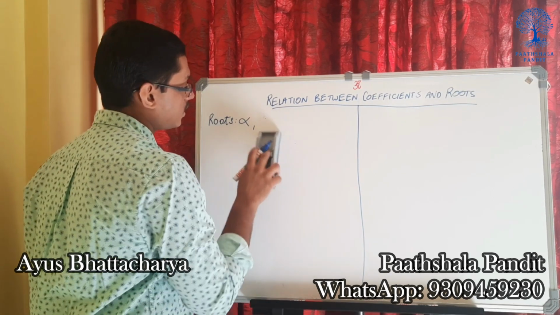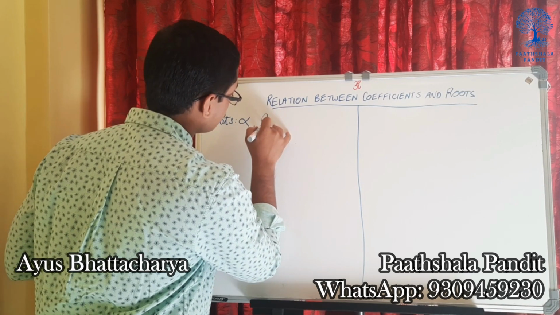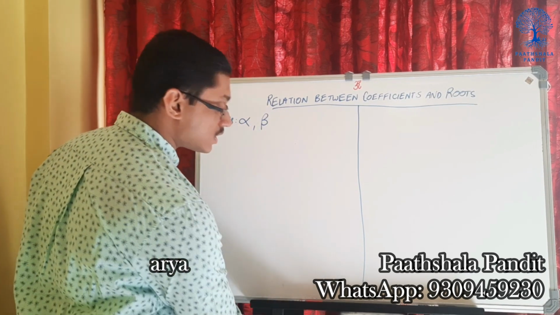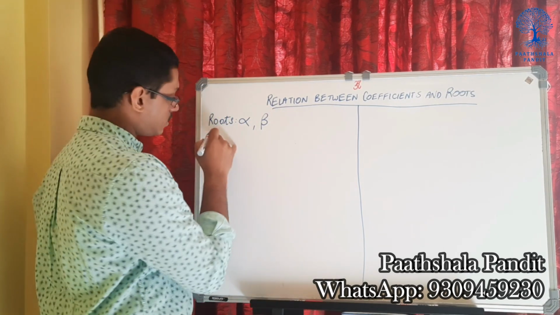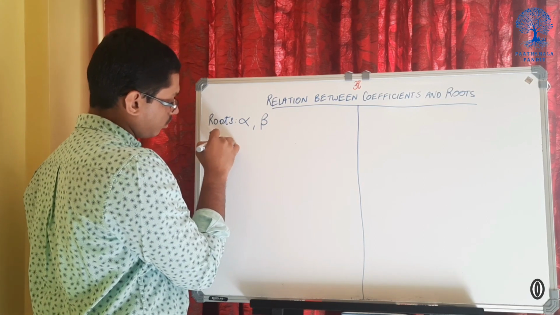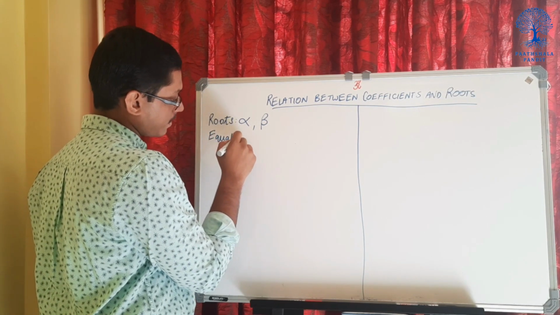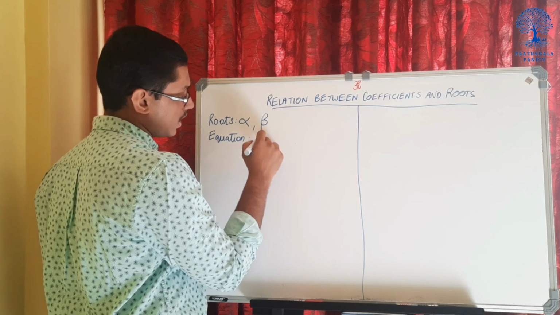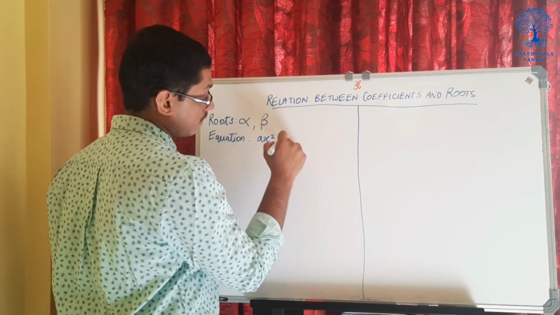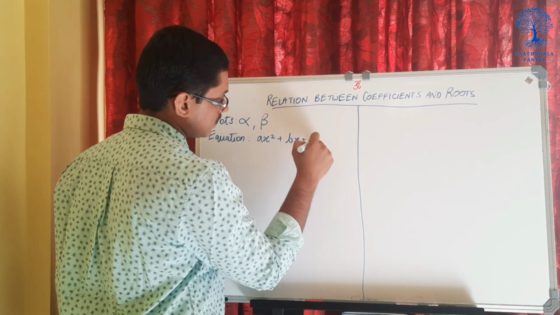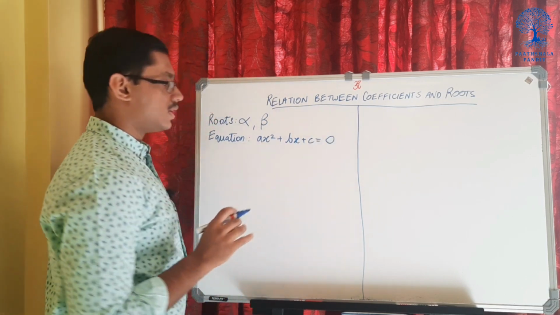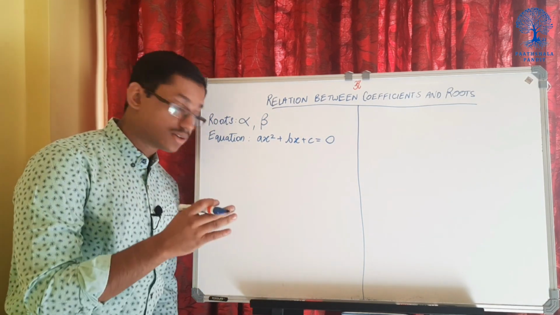Let me write it properly. Alpha and beta. Now what is a standard quadratic equation? Let me write that too. Equation, it is ax square plus bx plus c equal to 0. Okay, this is a standard quadratic equation.